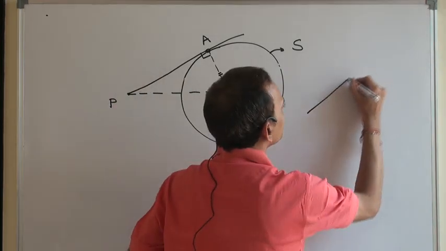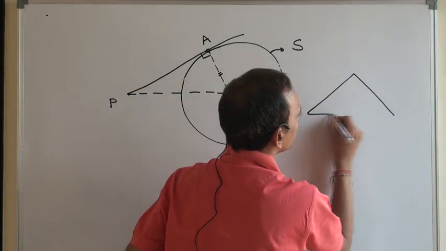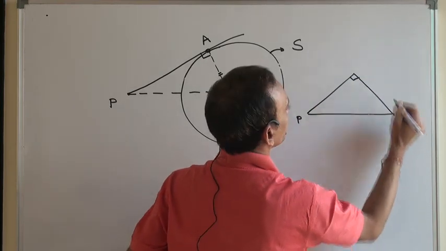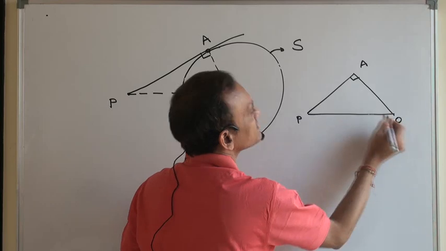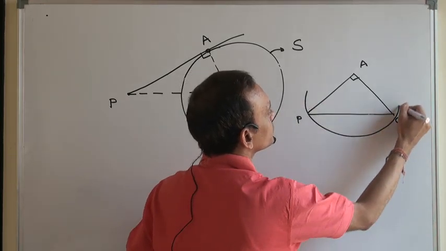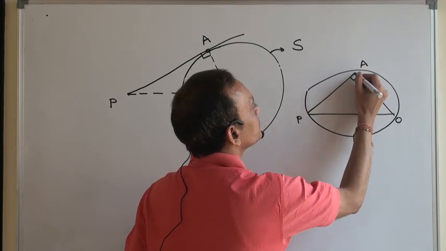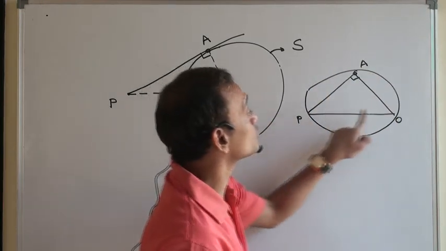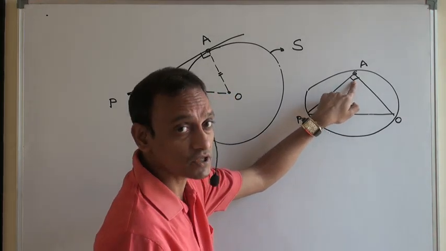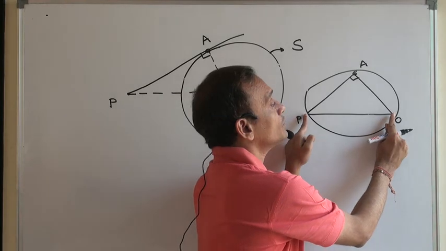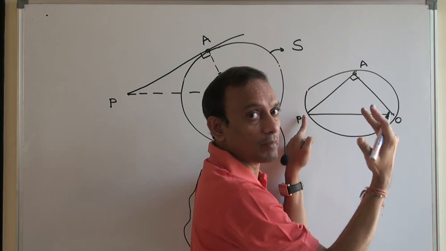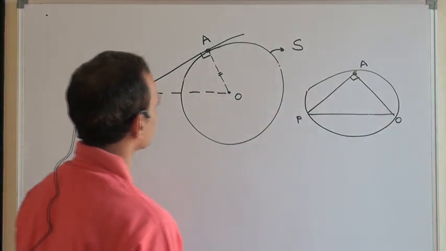See, if there is an angle 90 degrees, then I could have drawn a circle with PO as the diameter. With PO as the diameter, I could have drawn a circle with this being the angle in a semicircle, isn't it? So a unique circle could have been drawn with diameter OP and passing through A. How about it, right? Very good.